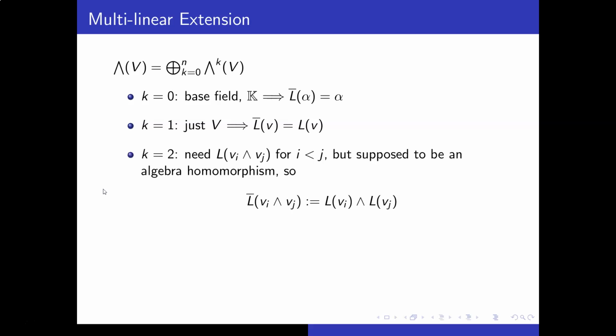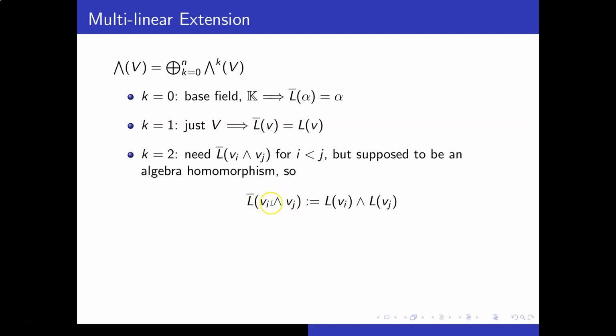Okay, so for k equals 2, I need to figure out what it's going to do on the basis vectors. I need to know what L bar of Vi wedge Vj is, whenever i is less than j. On the other hand, we want an algebra homomorphism. This is a product.